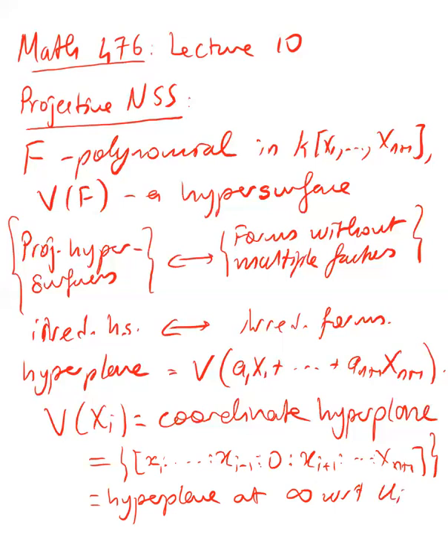So Ui, remember, is the set of all points where the ith coordinate is not 0. So this hyperplane is projective space minus Ui. In the Ui, the ith coordinate is not 0. So this is the points where the ith coordinate is 0.